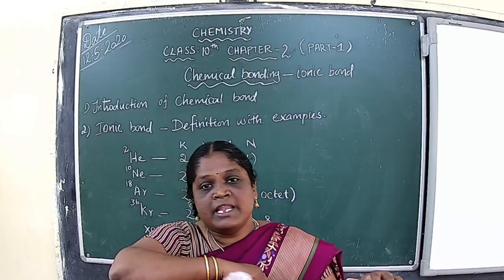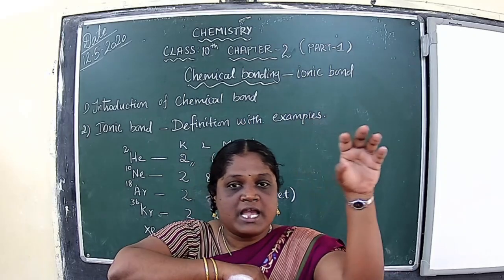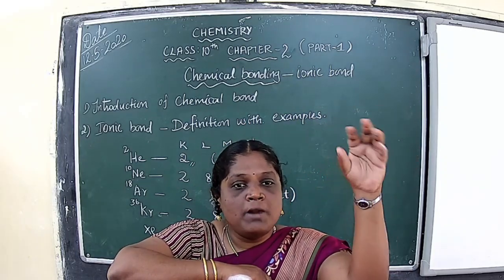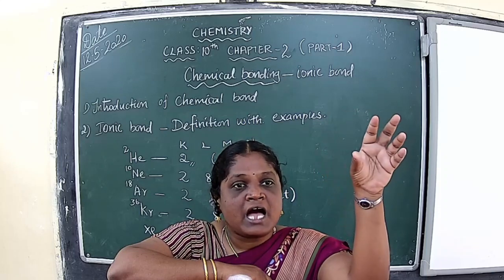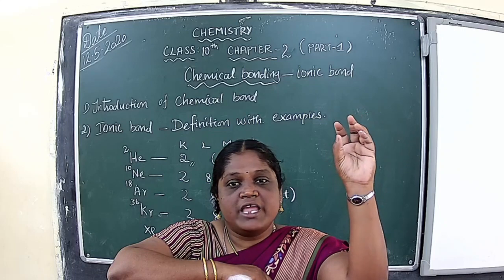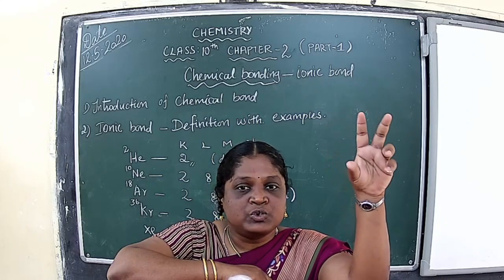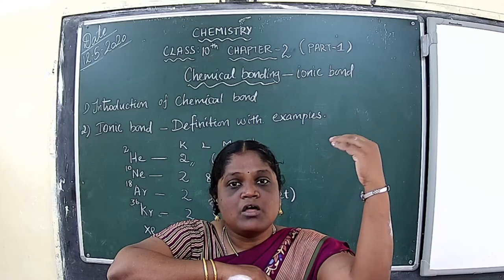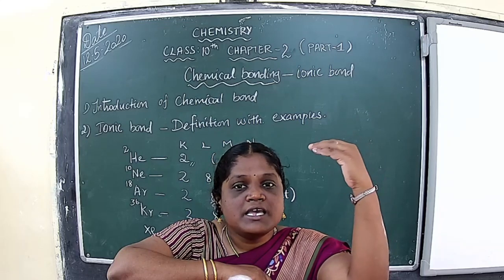Why are noble gases chemically inactive? Because noble gases already have a stable electronic configuration. Helium has 2 and the other remaining noble gases have 8 valence electrons.